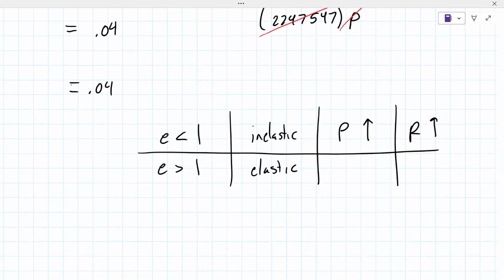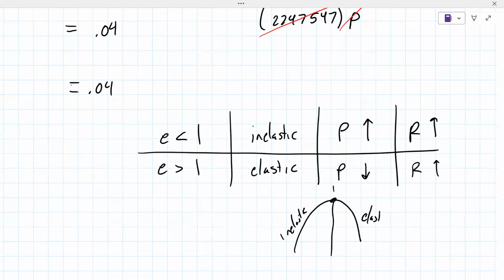And if it were elastic, you want price to actually decrease so that revenues increase. What happens is you're on the wrong part of the curve. So the left side is the inelastic side and the right side is the elastic side. So you want the price to trend towards that optimal price.